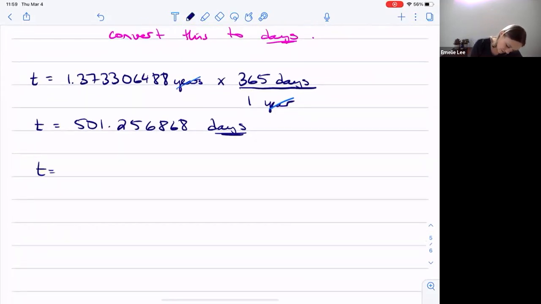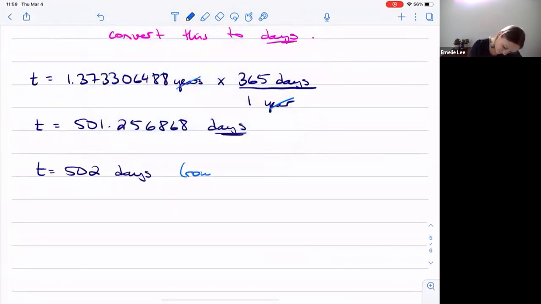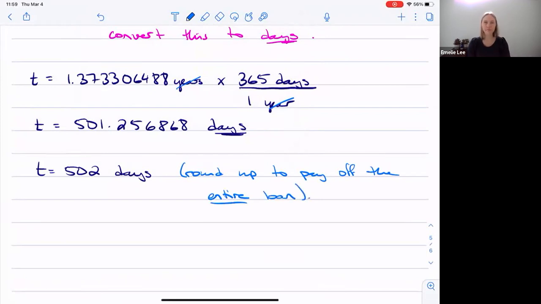So t must be 502 days, rounded up to pay off the entire loan. Just to be safe, we're going to use 502 days.